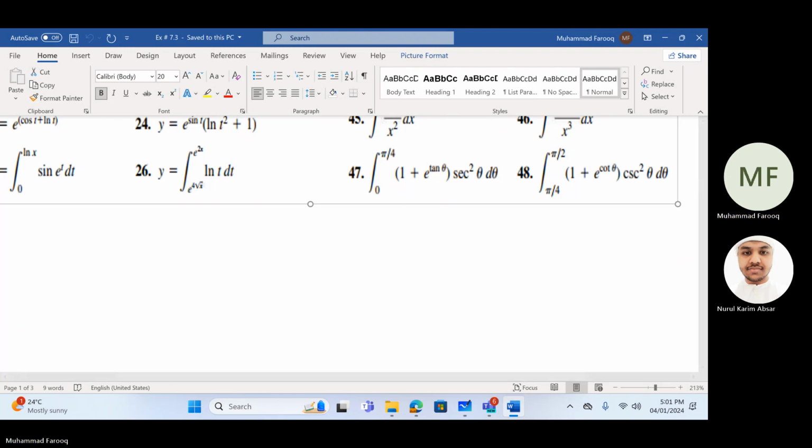It is almost the same as 48. In 48, we took cotangent as 0. Come on, please. Let's see what the answer to this question is.